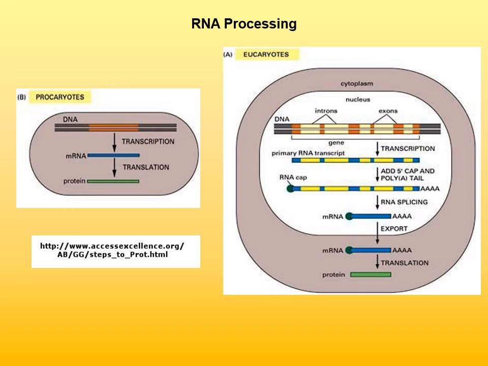Basically, introns are cut out, exons are joined together. So once that happens and exons are joined together to form contiguous stretch, that's messenger RNA. Messenger RNA then leaves the nucleus for the next step, translation. Translation occurs in the cytoplasm. And we'll cover translation in the next presentation.